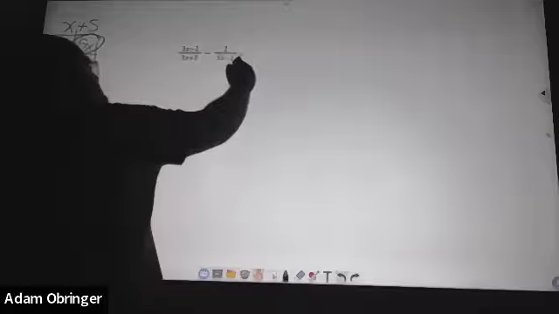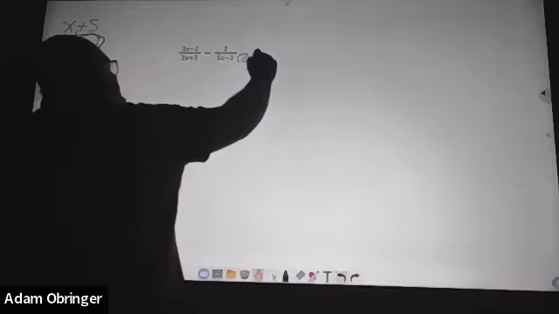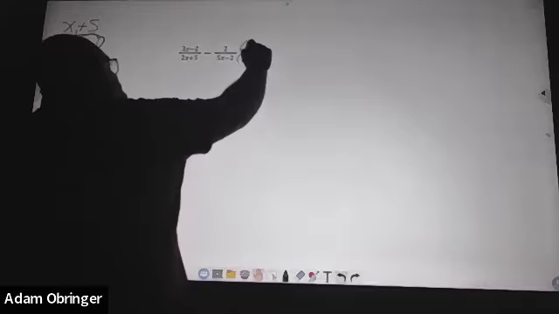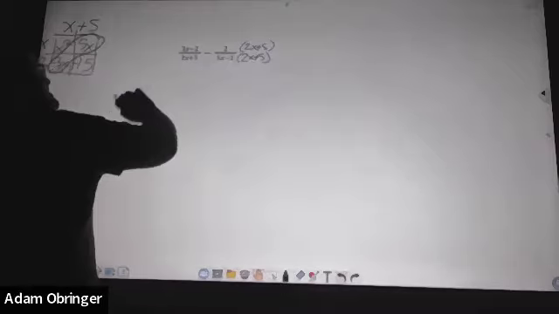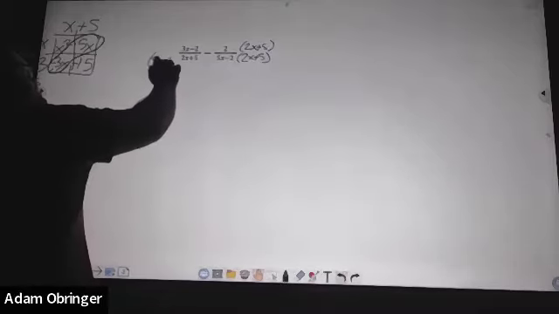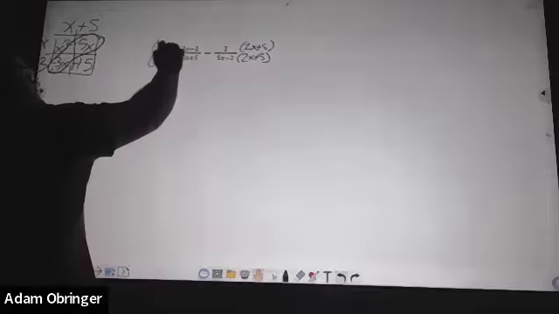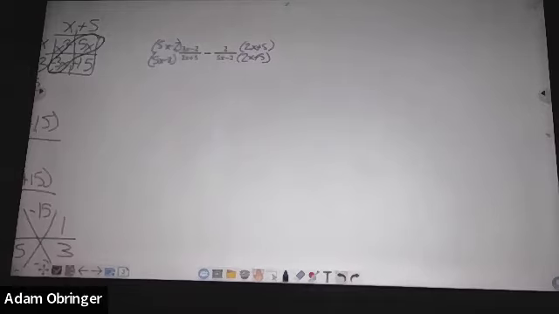So in this case, I'm going to times this one by 2x plus 5. And then on this one, I'm going to times by 5x minus 2. That way, each one will have both a 5x minus 2 and a 2x plus 5. It's one of those more rare instances where you have to just times everything by whatever you can.